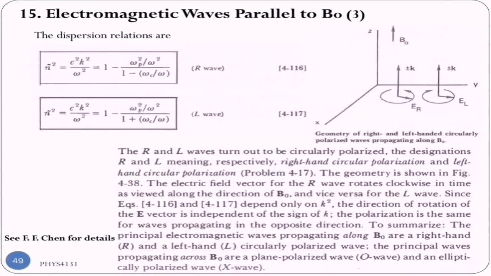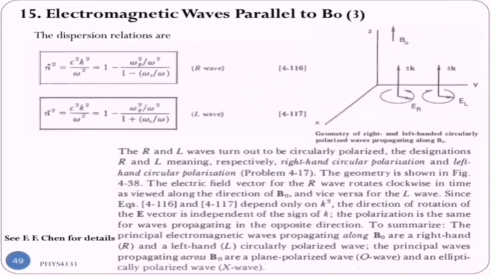The R and L waves turn out to be circularly polarized. The designations R and L mean, respectively, right hand circular polarization and left hand circular polarization.